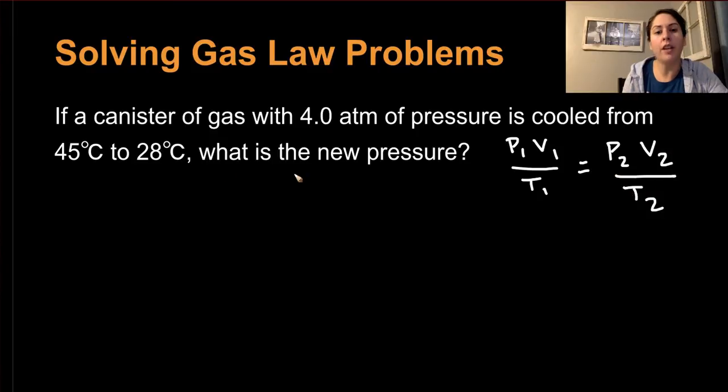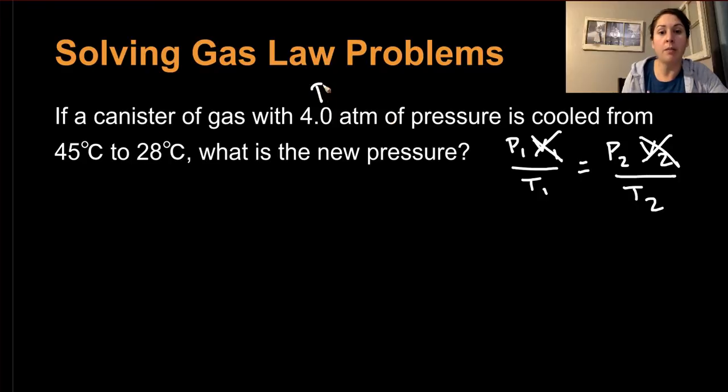It says if a canister of gas with 4 atmospheres of pressure is cooled from 45 degrees Celsius to 28 degrees Celsius, what is the new pressure? We don't have any information about volume, so we can assume that volume is going to be constant, and we can just cross that out. And so what we get is P1 over T1 equals P2 over T2.